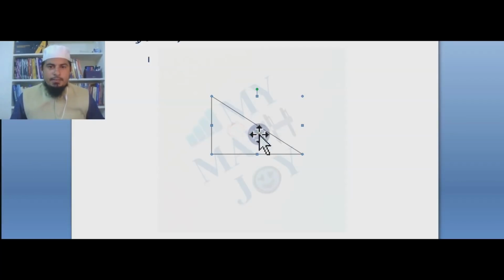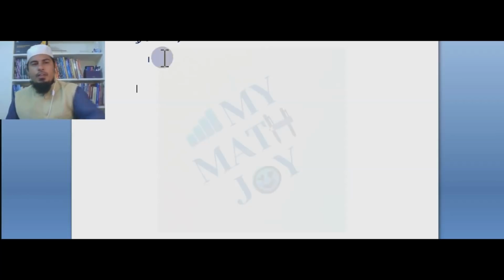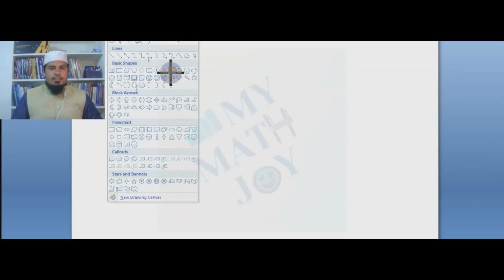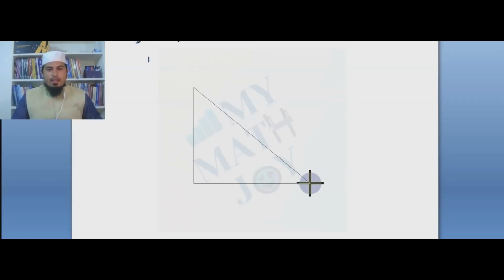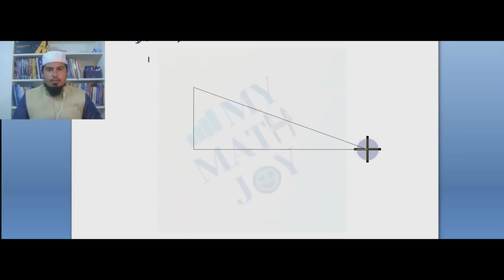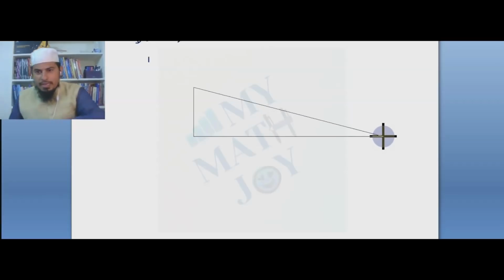Similarly, now please see this. I have a right angle triangle in front of you, and I want the angle to become 0 now. In the previous case, what did the angle become? The angle increased and became 90 degrees.